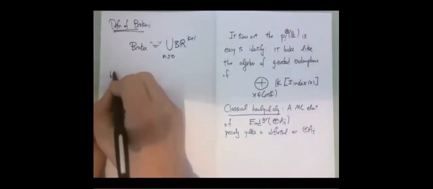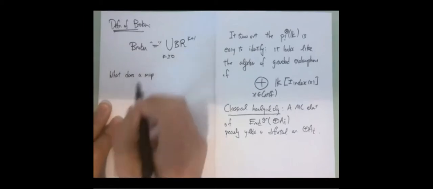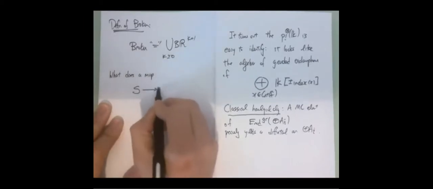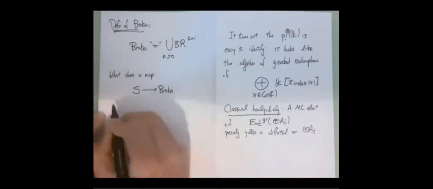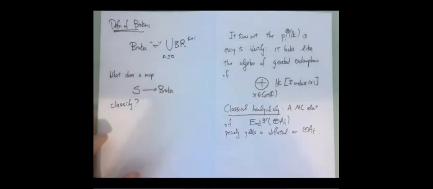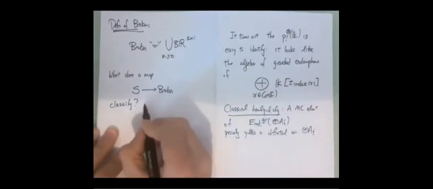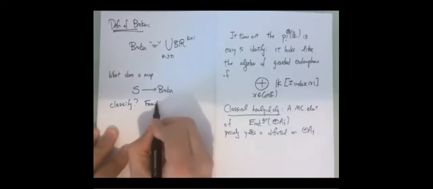So what does a map from a topological space S to broken classify? Informally, it should classify some family of Morse trajectories parameterized by S, but these Morse trajectories are allowed to break. The terminology that we chose for such a family is a family of broken lines.